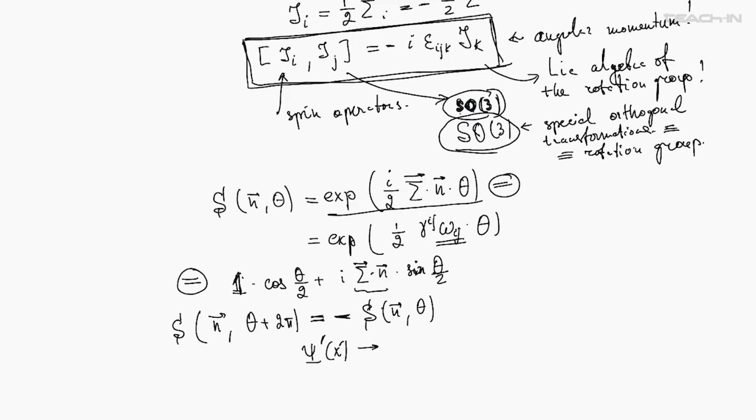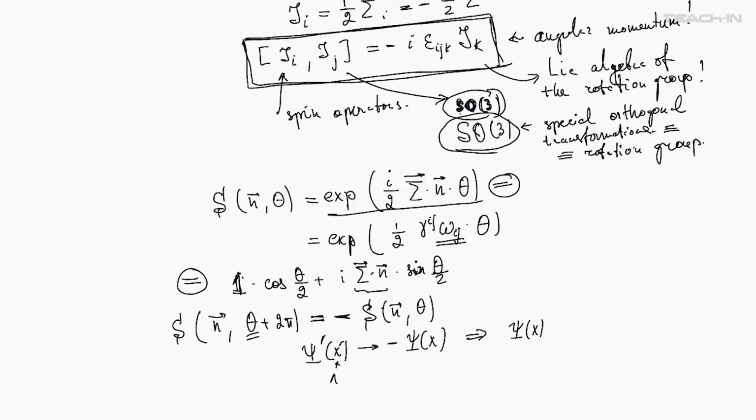Well, the point x prime actually returns to itself, because x prime transforms with the matrix lambda, and matrix lambda depends on angle theta in such a way that it is periodic upon rotation by 2 pi. And therefore, this expression means that after rotation by 2 pi, psi prime becomes equal to minus psi on x.